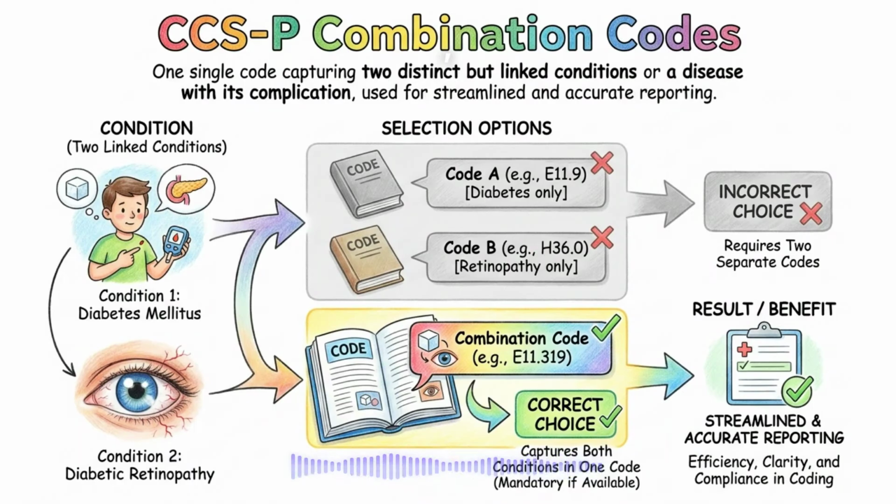A classic example is diabetes with diabetic retinopathy, where one single code captures both the underlying blood sugar disorder and the resulting eye damage. When a combination code exists, you must use it instead of trying to report two separate codes for each piece.